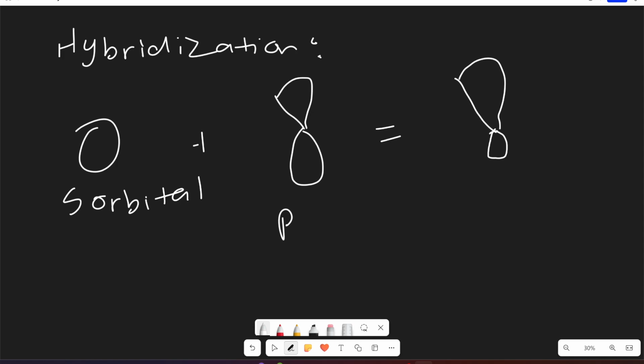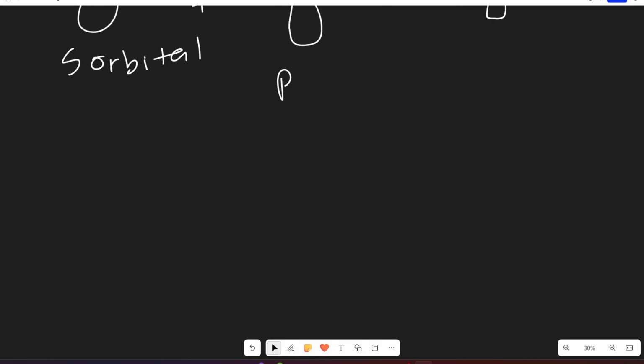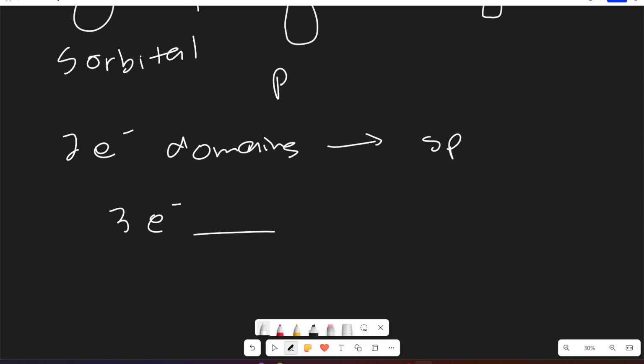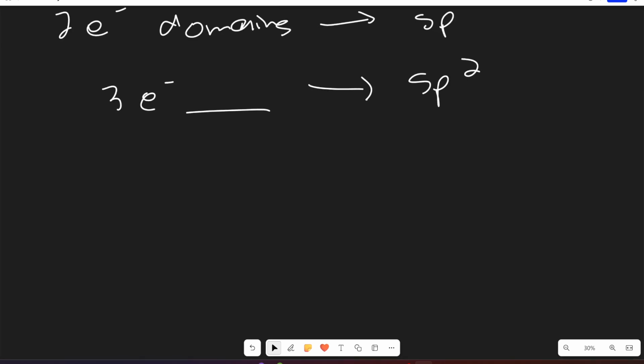The only thing that you really need to know is that, let's say that there's two electron domains, so 2 e minus, 2 electron domains, that's going to be sp hybridization. And then if I say 3 e minus, and then just pretend I'm writing domains here, that's going to be sp2. 4 should be sp3.